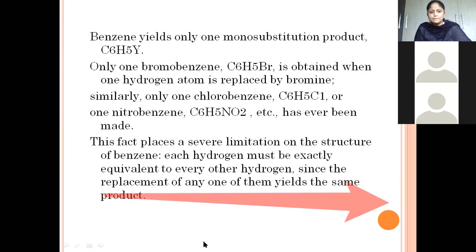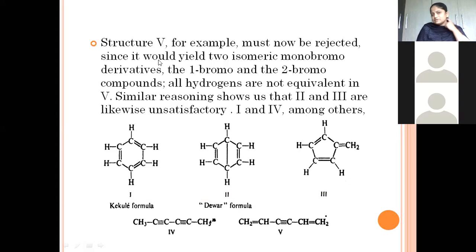give the same product. So structure fifth in the same structural series, the structure fifth, for example, must now be rejected. Why? Since it would yield two isomeric monobromo derivatives, that is 1-bromo and 2-bromo.